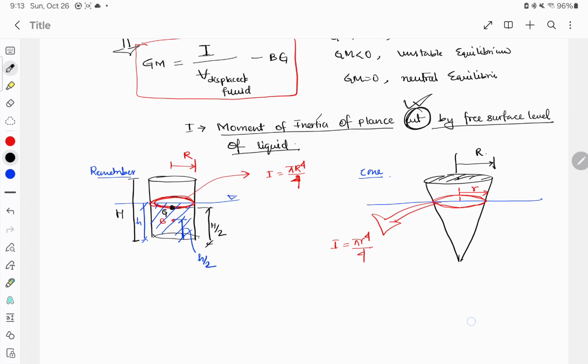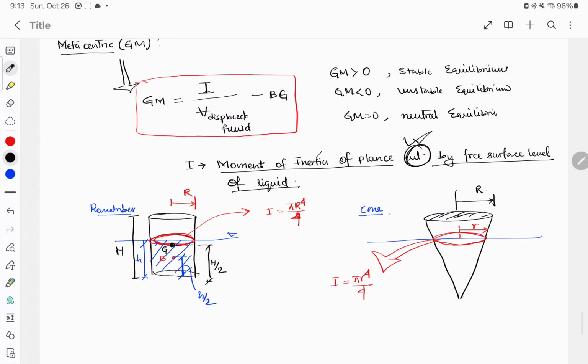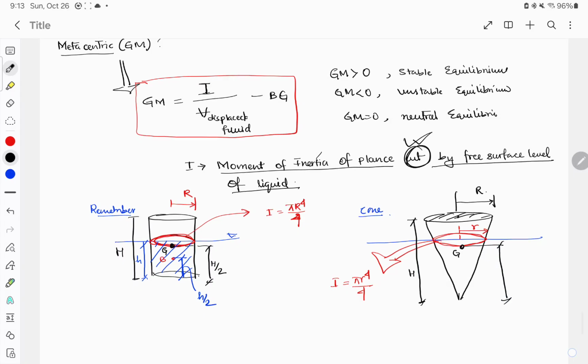Then what do we need? We need the volume displaced. For volume we need the dimensions of the body. If the initial height of the cone was h, then the center of gravity will be somewhere here, at a height of 3 by 4 h for a cone. The center of buoyancy will be below, because the liquid displaced by the cone is not equal to the volume of the cone.